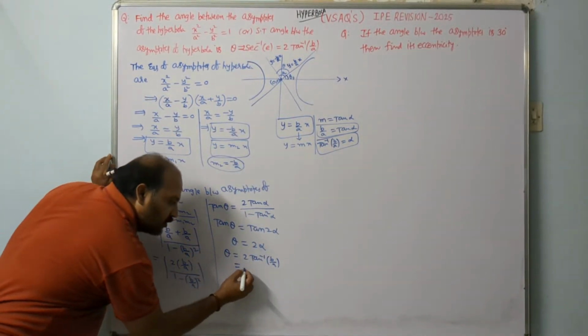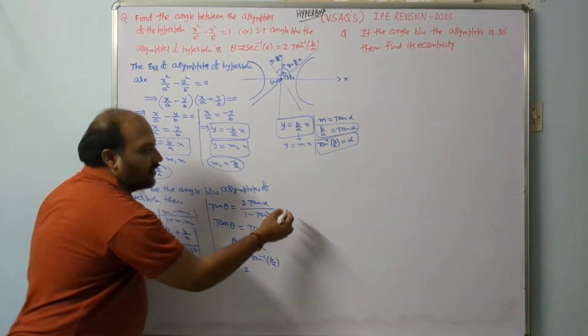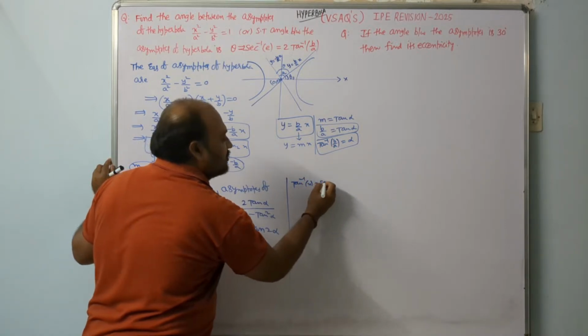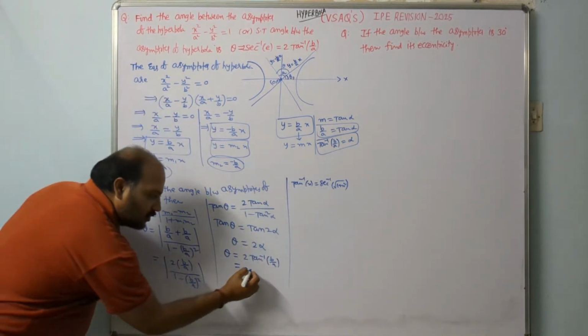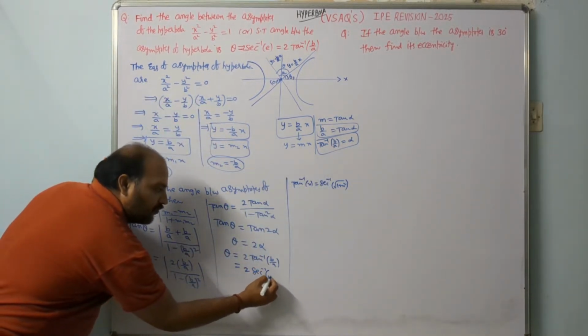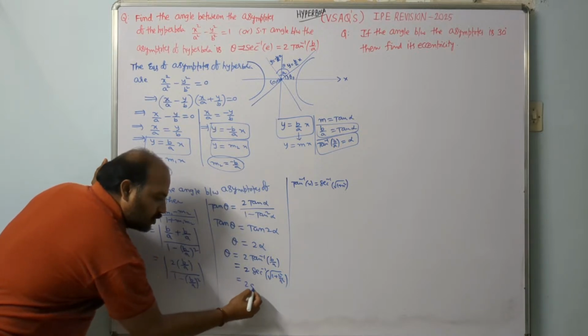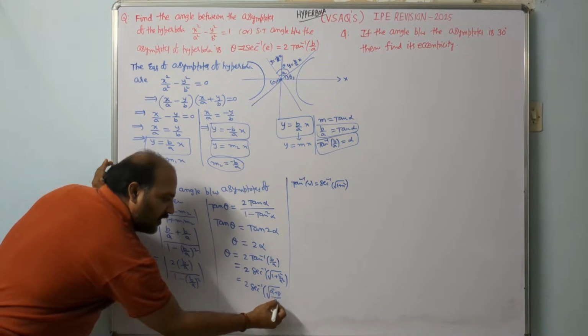So which is equal to 2 into tan inverse x. Again I have to write it here: tan inverse x equal to secant inverse of root 1 plus x square. So secant inverse of root 1 plus b square by a square. So 2 into secant inverse of root a square plus b square by a square.